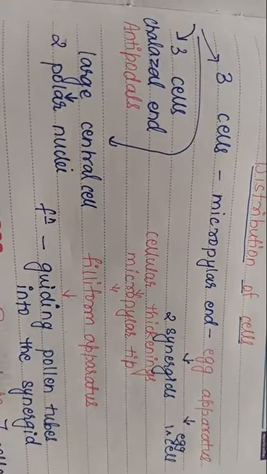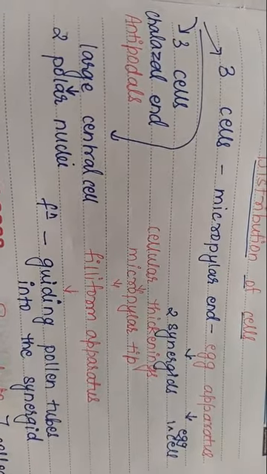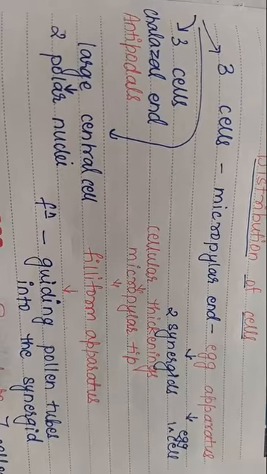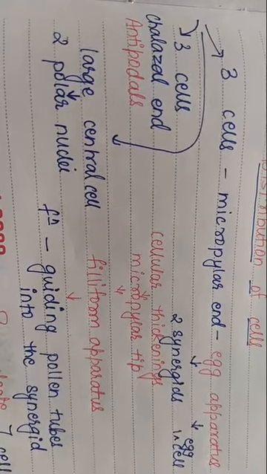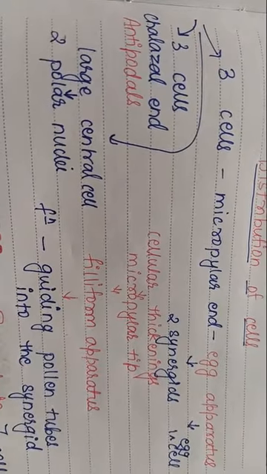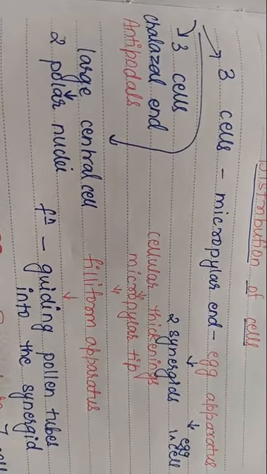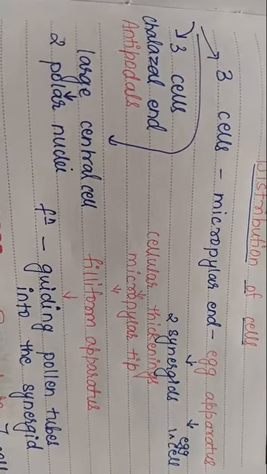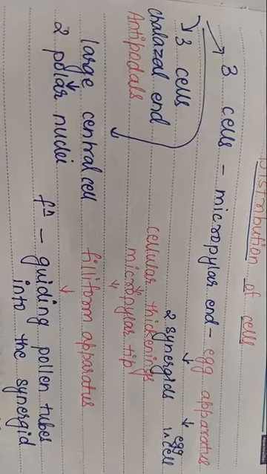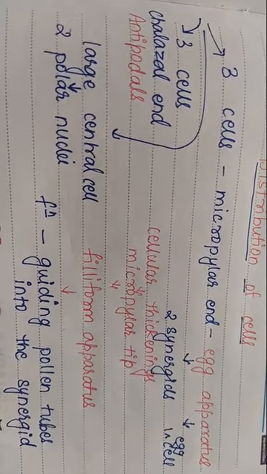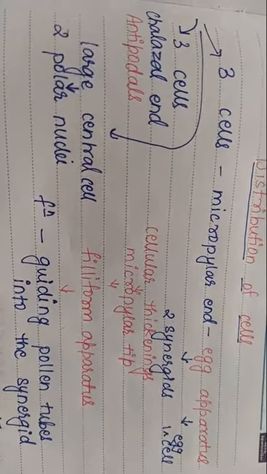3 cells at the micropylar end form egg apparatus, out of which 2 are synergids and 1 is egg cell. The cellular thickenings at the synergids near the micropylar tip will form filiform apparatus. What is this filiform apparatus? Its function is to guide pollen tubes into synergid.